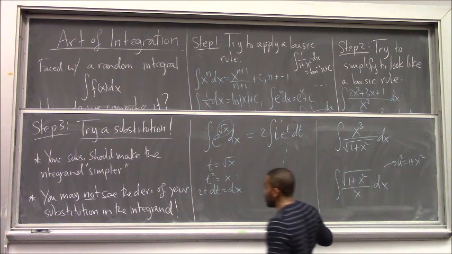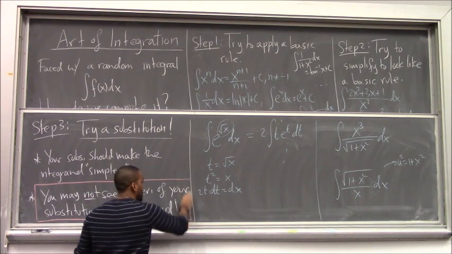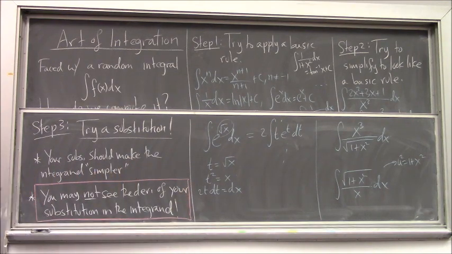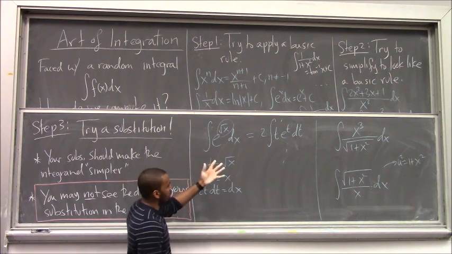So you always try this third. It's not always going to be painfully obvious that it is what's going to help, but it will often help. Whenever a substitution can get you to look like anything simpler, it's in general going to be easier than any of the other techniques we know about. It is always therefore step 3. You always try to substitute. Whatever you have, it kind of looks ugly or messy.